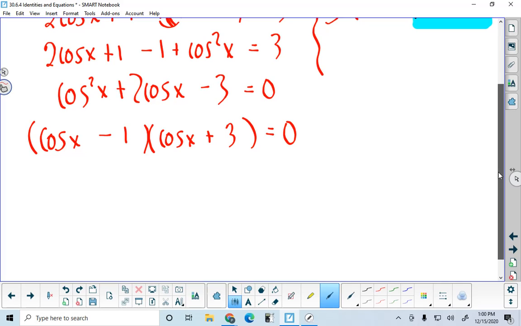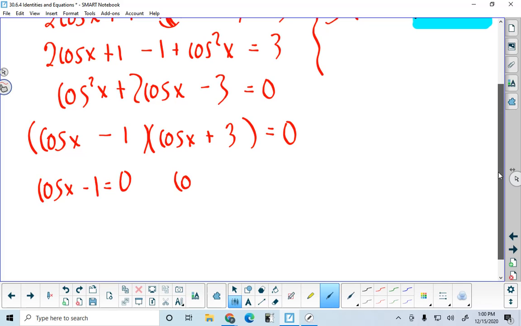I think that would be factored correctly. When I FOIL that out, I get 3 cos x for my outer and negative 1 cos x for my inner, so I'll get 2 cos x. This is correct. Now we've got cosine of x minus 1 equals 0.